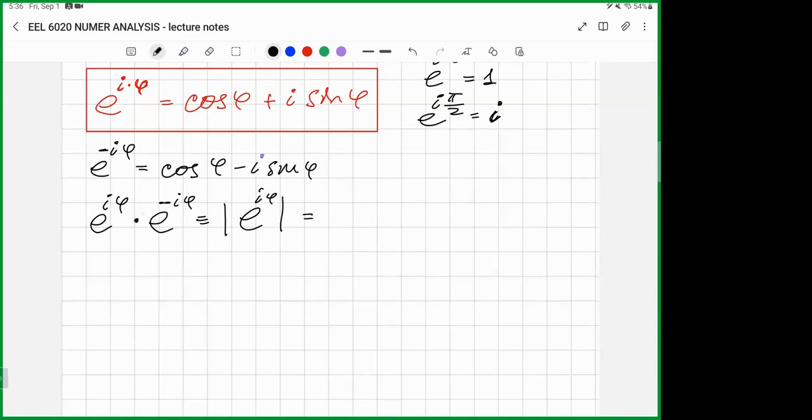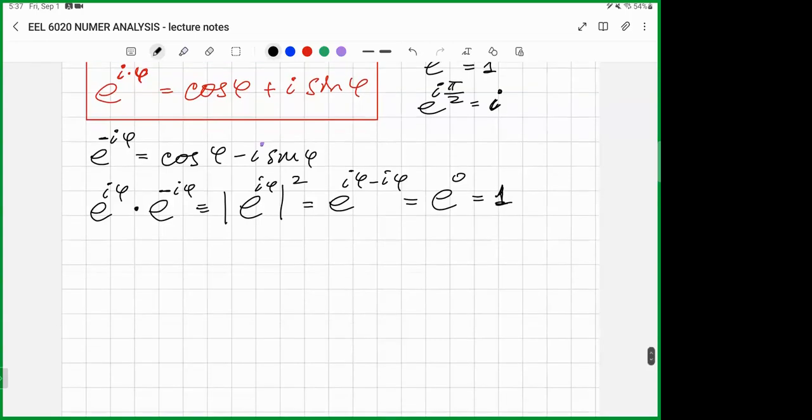And from this part, I get e to the power of I phi minus I phi, so it's e to the power of 0, so it is 1. So basically this exponential function is nothing but a complex number with absolute value 1.